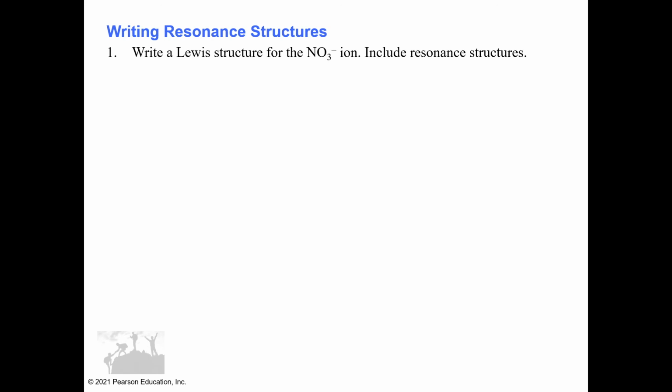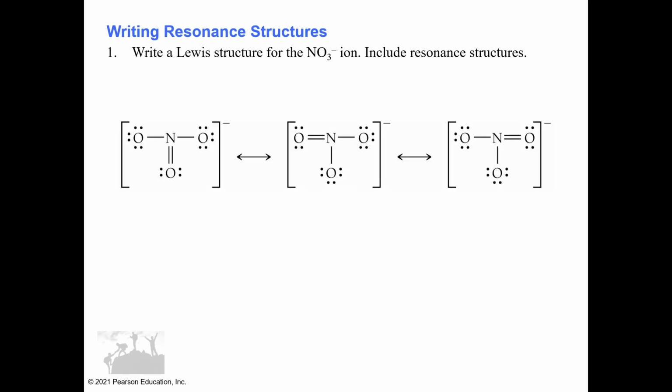So here, with our first question, we're looking at the nitrate ion, which we've seen before. So here it is, all 3 structures. You could see that the double bond is moving from one oxygen to the other. And also the number of lone pairs are changing for each oxygen.